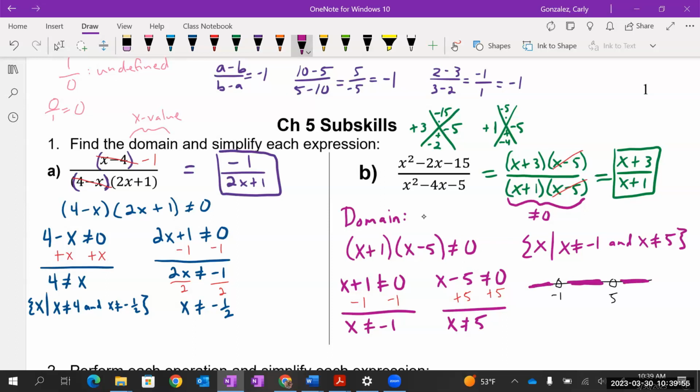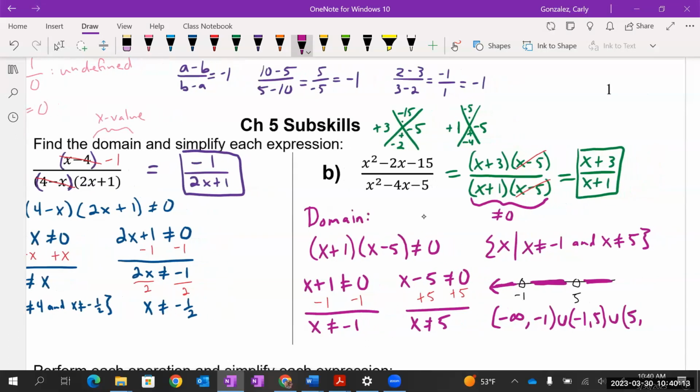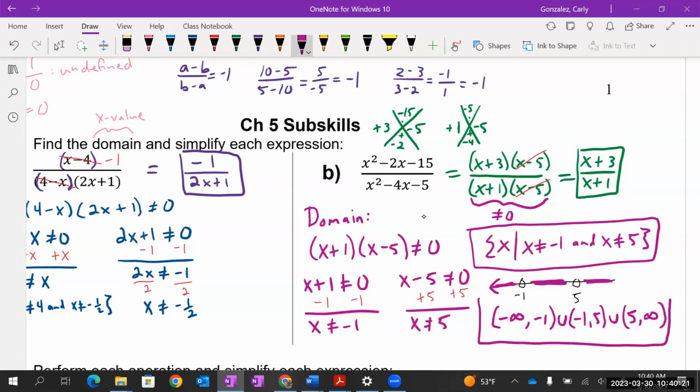And so we will put that domain, you'll see we have 3 separate intervals. So this first one is -infinity to -1, exclude -1. The middle interval goes from -1 to 5, and that third interval goes from +5 to +infinity. So that's our domain, either in set builder notation or in interval notation.